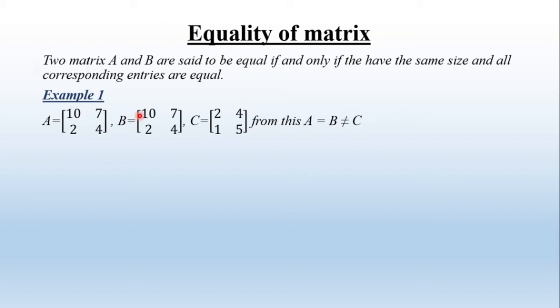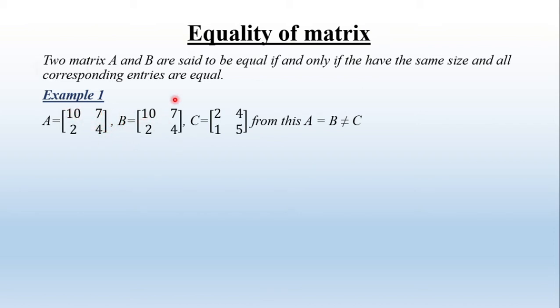For example, here matrix A is 10, 2, 7, 4 and matrix B is 10, 7, 2, 4, while C is equals to 2, 1, 4, 5. From this A is equals to B. Look, 10 is equals to 10, 7 is equals to 7, 2 is equals to 2, 4 is equals to 4. So they have the same size, which is 2 by 2 matrix here. ሁለት በሁለት ማትሪክስ ነው and they have the same corresponding entries.